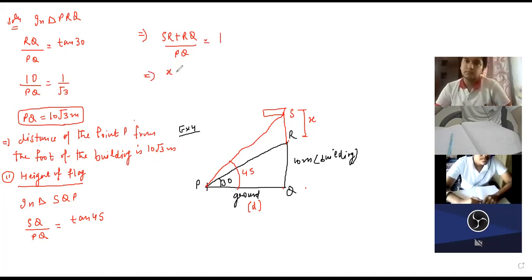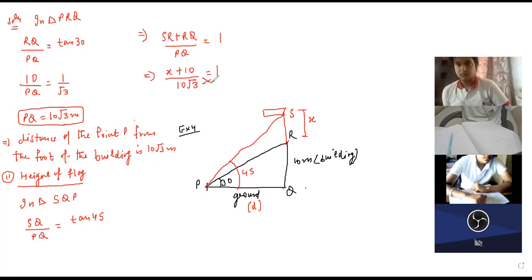So SR is X, RQ is 10, and PQ is 10 under root 3, which is equal to 1. Cross multiply, which implies X plus 10 is equal to 10 under root 3.